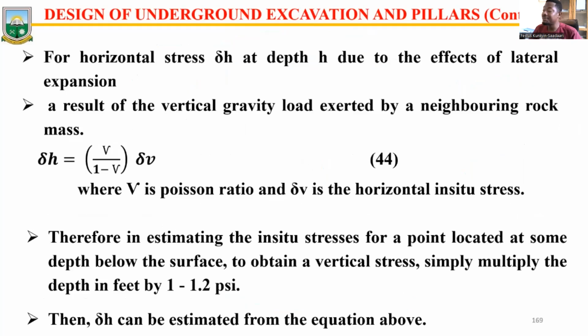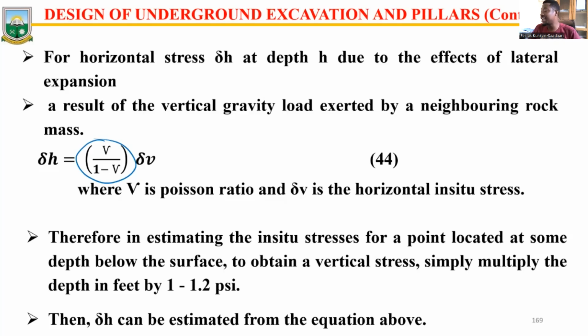Then when you are done, you don't forget to bring in your horizontal, the deformation in the x-axis, which is the horizontal deformation. You bring that one, and that one makes use of your Poisson ratio.